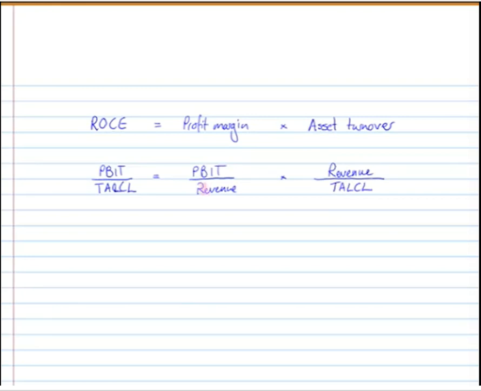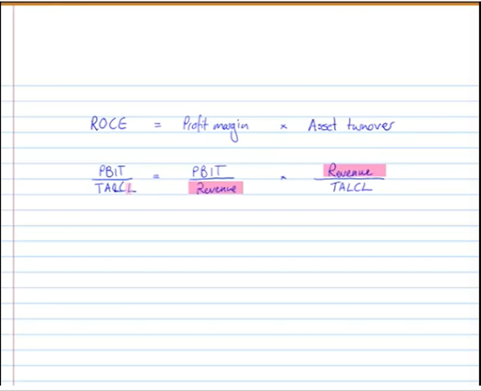If we look at those calculations, because revenue appears on the bottom of my profit margin and the top of my asset turnover, we can see then that that's the same as multiplying PBIT over TALCL by 1. In other words, there's no impact.